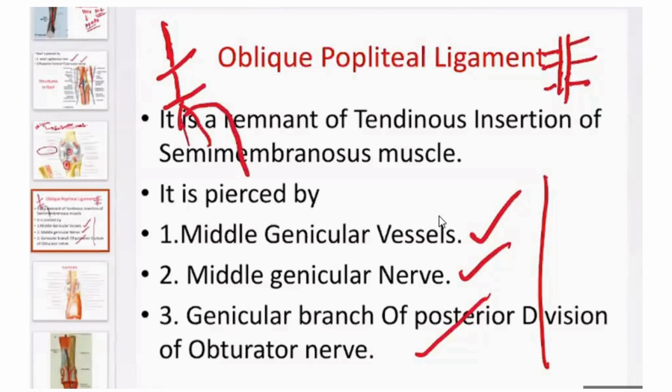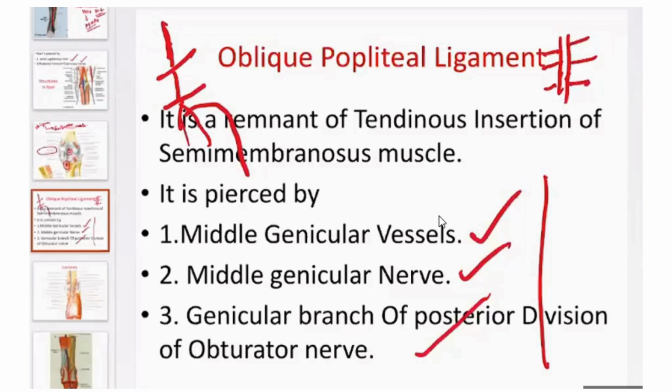External iliac continues as the femoral artery, which continues as the popliteal artery. Popliteal artery divides into anterior tibial and posterior tibial.